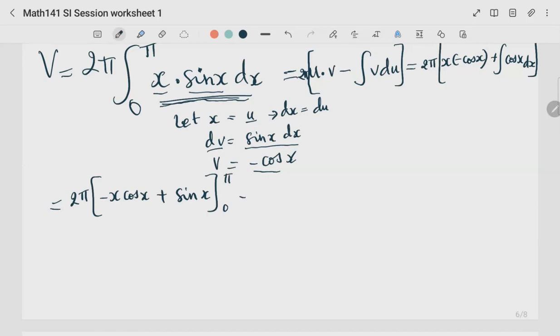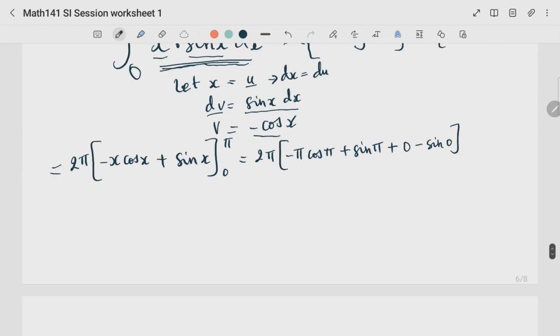When you evaluate it, you get first negative pi times cos of pi plus sine of pi, minus 0, so that would be plus 0, minus sine of 0. So that's what you would get there.